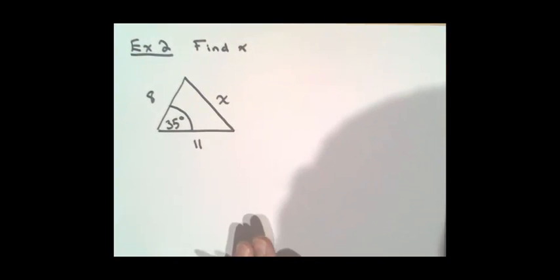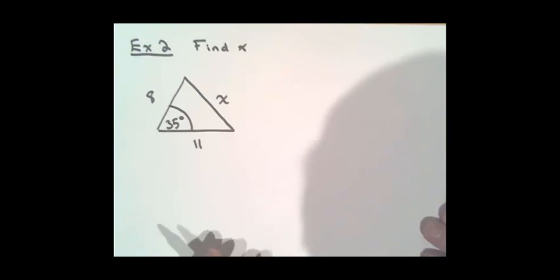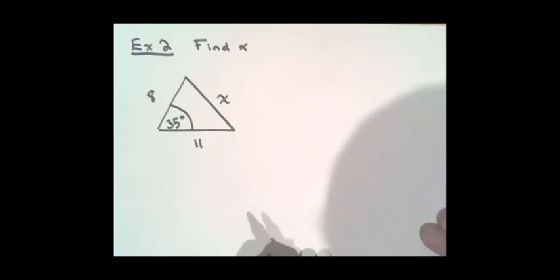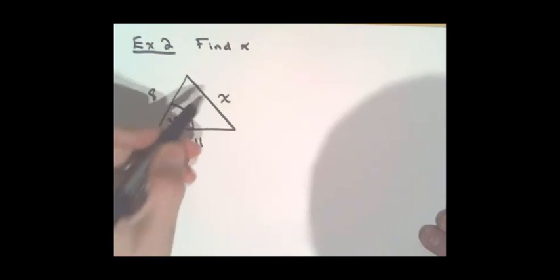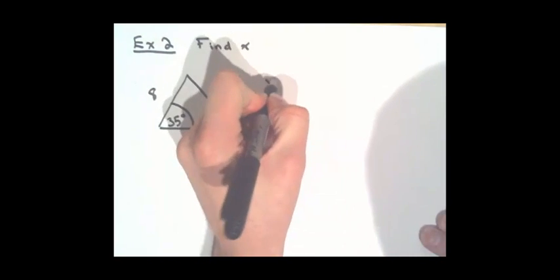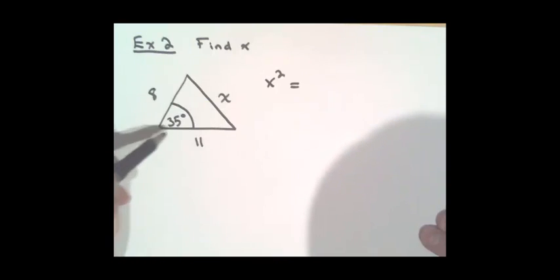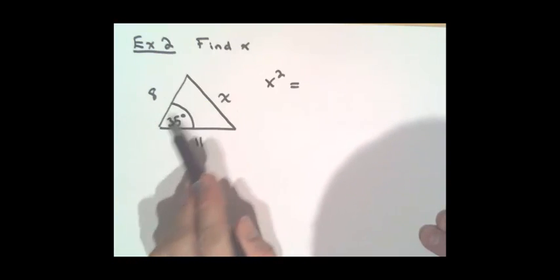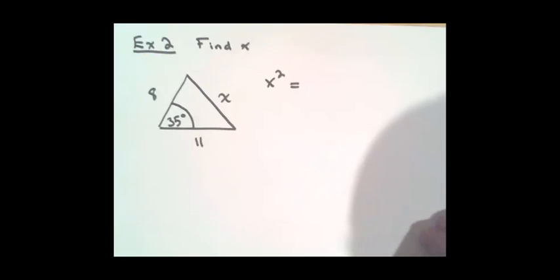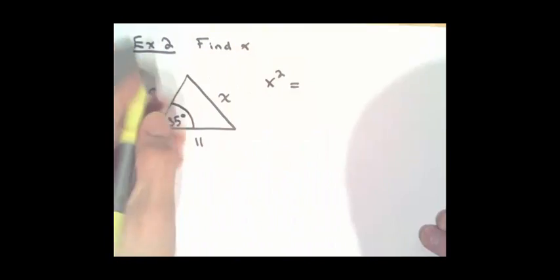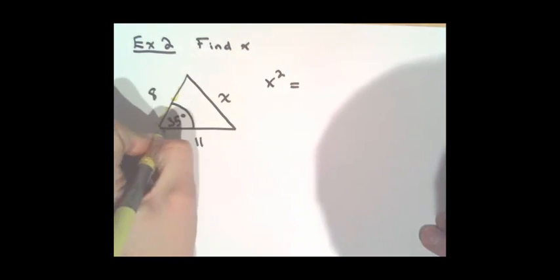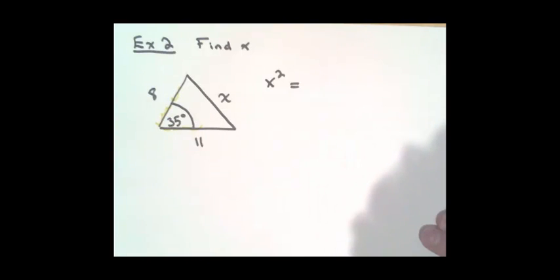So you need to write out your cosine law. Cosine law says, the side I want to find, I square it. So I want to find side x, and then you'll be taking the cosine of its corresponding angle if you happen to have the two sides that sandwich that angle, and we do.